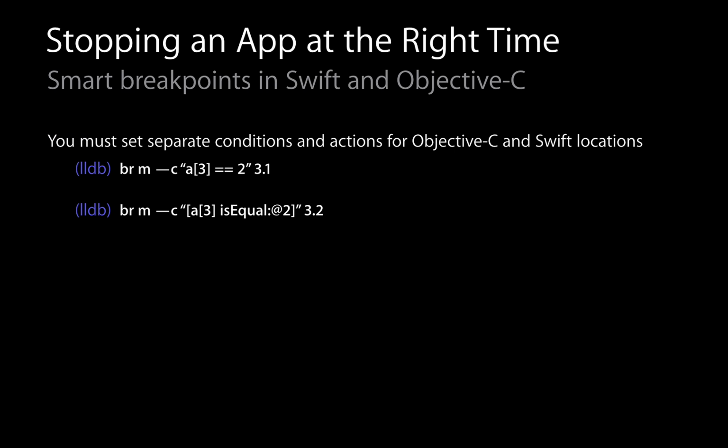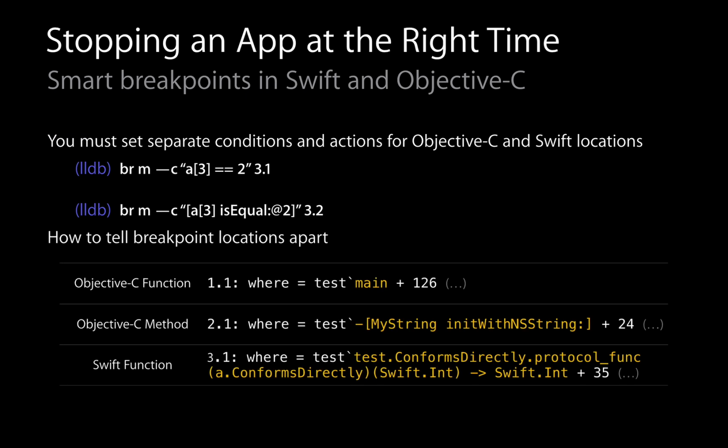Now that raises the question, well, okay, I set a symbolic breakpoint. Now I've got a ton of locations. How do I tell them apart? How do I figure out what language they're in? Well, I'll give you a quick overview of how to read symbols. In this case, we're looking at a couple of different symbols that are implemented in different places in your code.